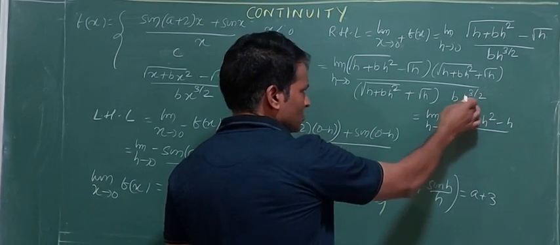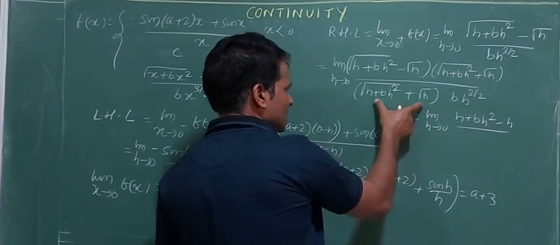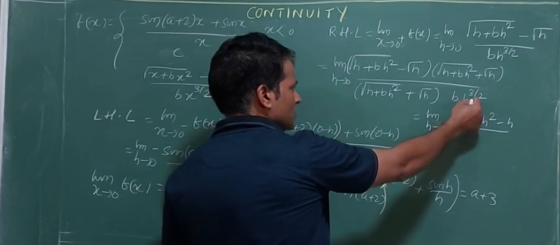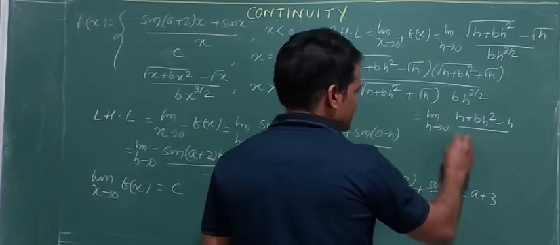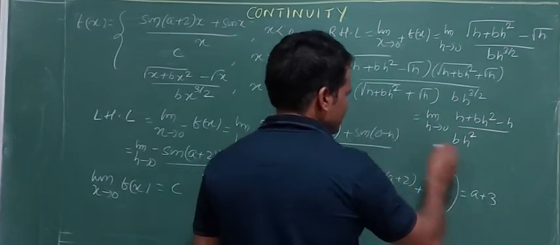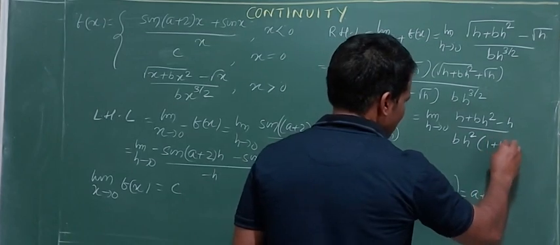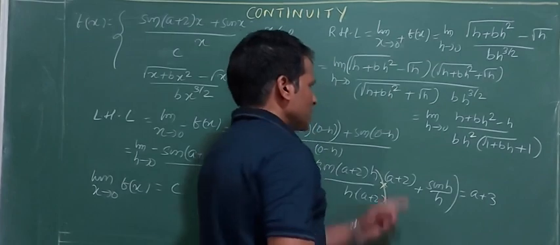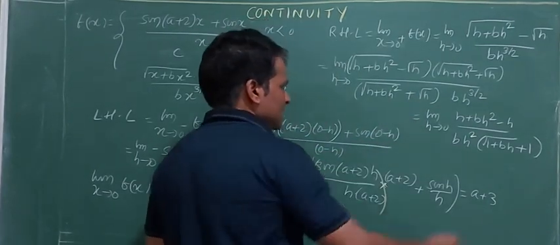H to the power 3 by 2 into h to the power 1 by 2. Again, I will take h common from here. Once I take h common, that h to the power 1 by 2 added here with the power becomes h square. And dividing here by h inside, that gives you 1 plus bh plus 1. H by h cancels out.